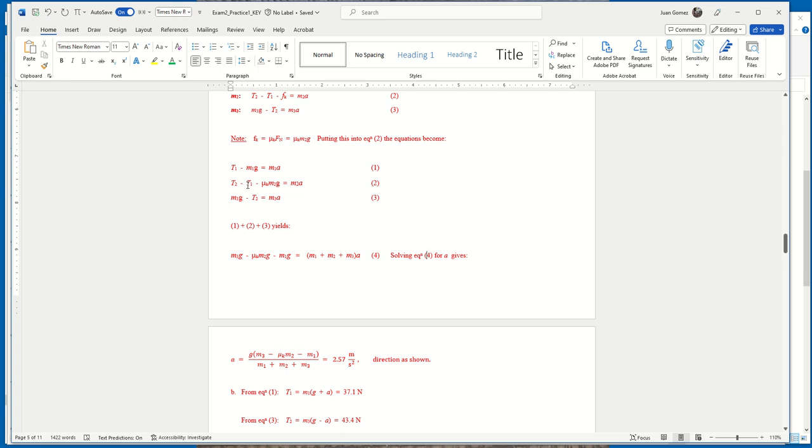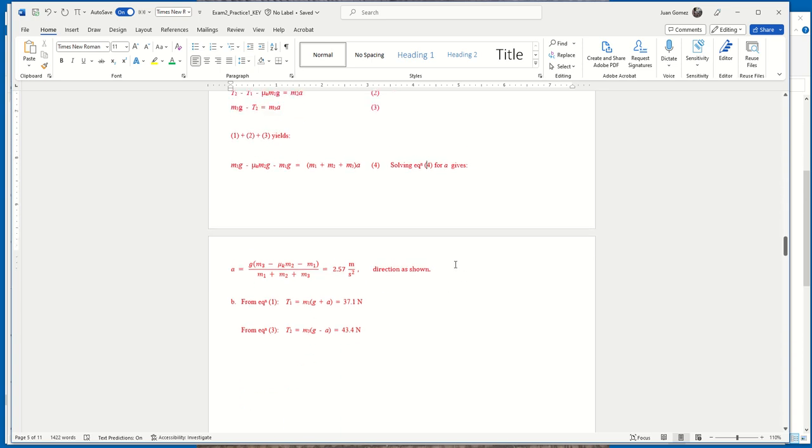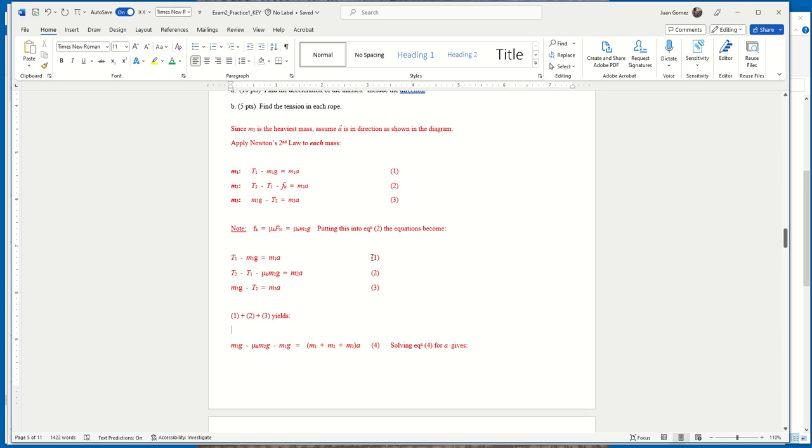T1 minus T1, T1 cancels. T2 minus T2, they cancel. You're left with M3G minus mu K M2G minus M1G. On the right-hand side, you simply have in parentheses M1 plus M2 plus M3 times A. And that gives you your equation 4. Divide each side by the parentheses, that gives you A. Once you know A, equation 1 gives T1, and equation 3 gives T2.